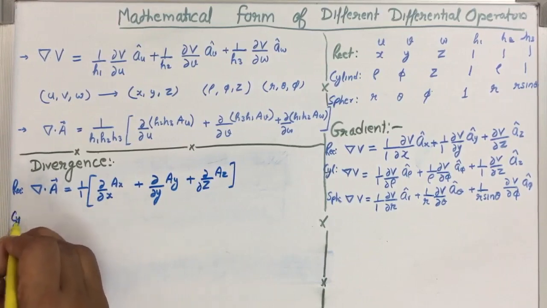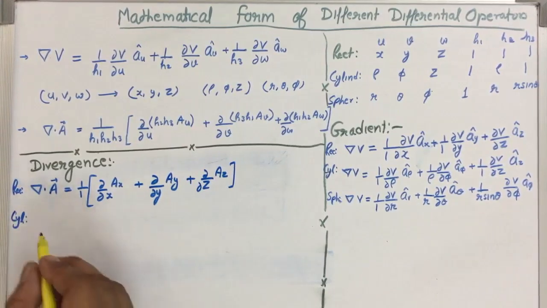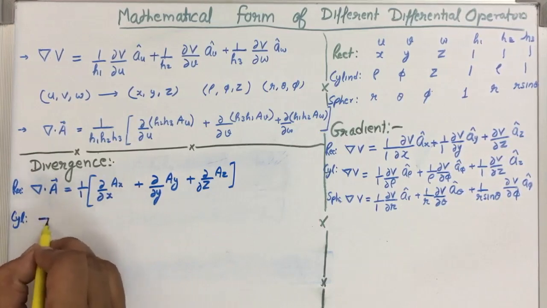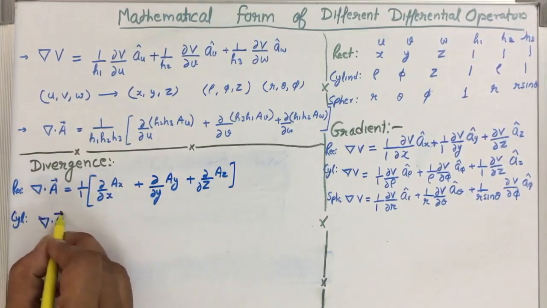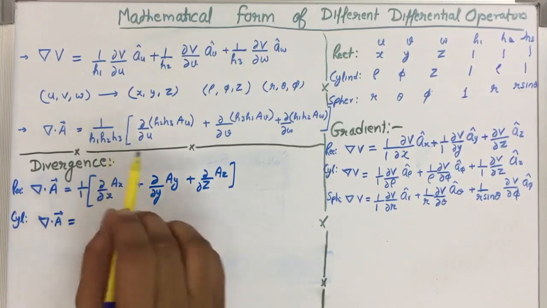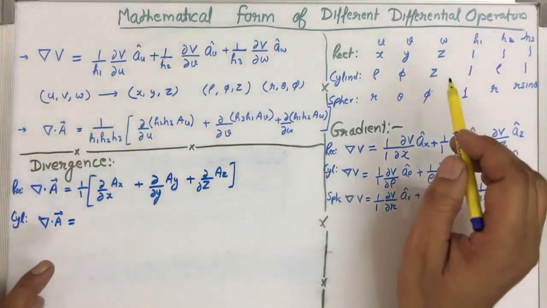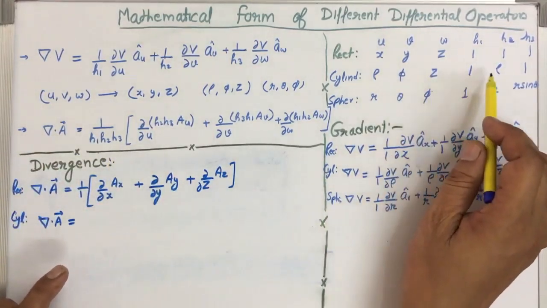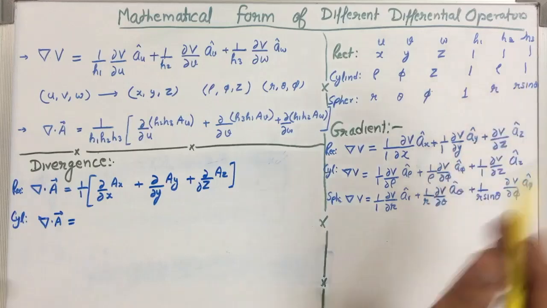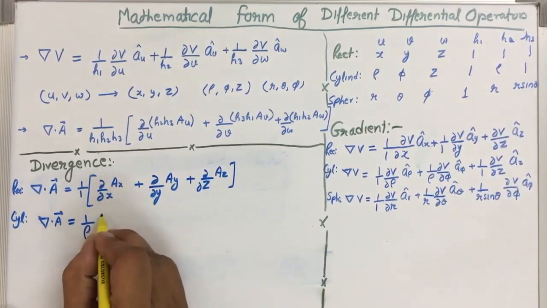But in the case of cylindrical and spherical, it will be quite different. So in the cylindrical case, write down the divergence of A like this. 1 by h1, h2, h3 in the cylindrical case will be 1 multiplied by rho, which gives 1 by rho.